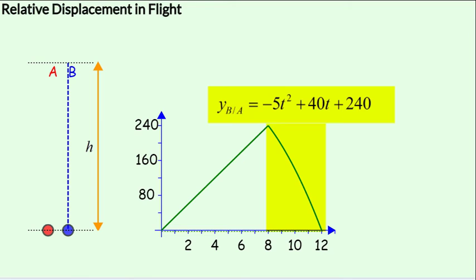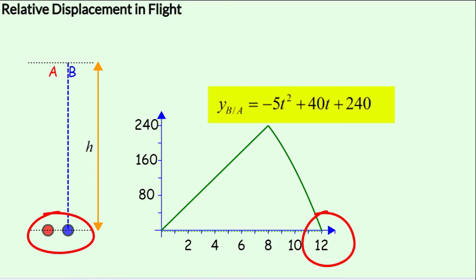B takes an additional 4 seconds to land, so we start the graph at t equals 8 and we obtain yb with respect to A for t equals 9, 10, 11 and 12 seconds and plot the displacements. And at time t equals 12, yb with respect to A will be 0, meaning that the displacement of B with respect to A is 0, and that indicates that B has also reached the ground.